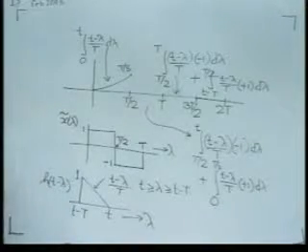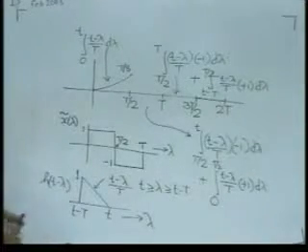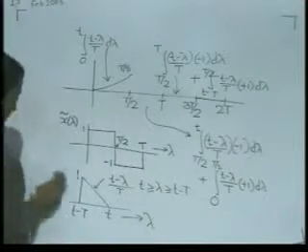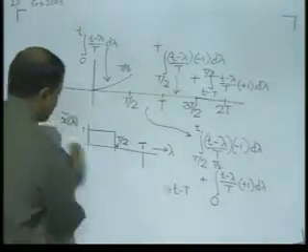Okay? So that's how one would convolve the periodic x(t) with h(t).